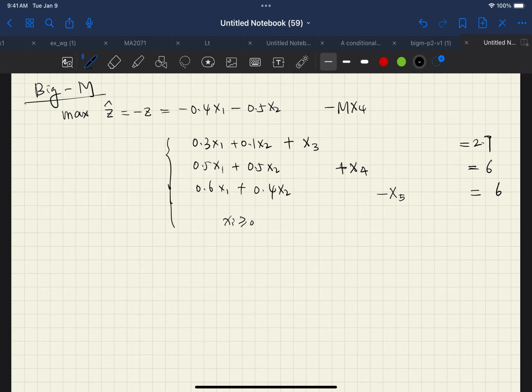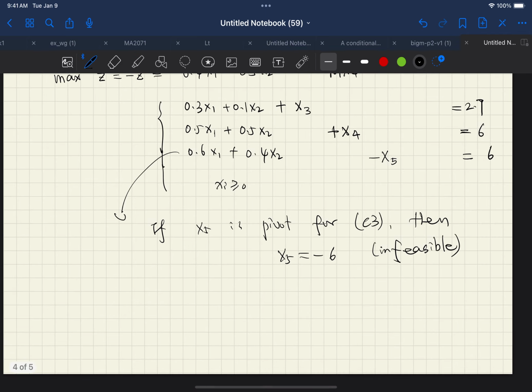And if we directly use the third constraint here, then when I have x5 as the pivot position for constraint 3, that means x5 is negative 6, infeasible.